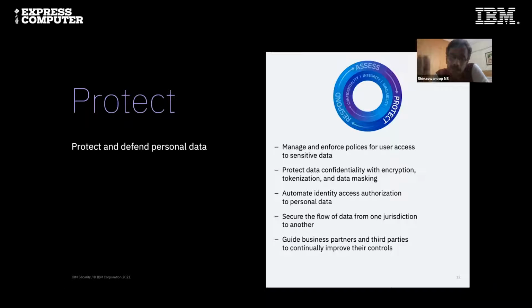Now, this is where zero trust also plays a big role. Depending on who is accessing the data, from what kind of device, at what time of the day, and from what geolocation, you can have a dynamic authorization policy that will grant the right level of access to the user.